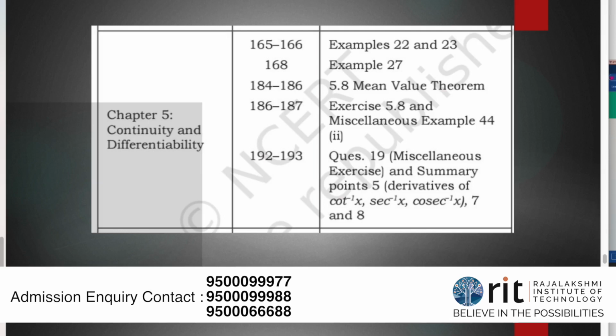Exercise 5.8, miscellaneous example 44, second part. You can skip. Okay. Page number 192 to 193, question number 19, miscellaneous exercise will not be coming. Summary point 5, 7 and 8 will not come. What does it mean? That the remaining summary point has to be revisited. Clear?